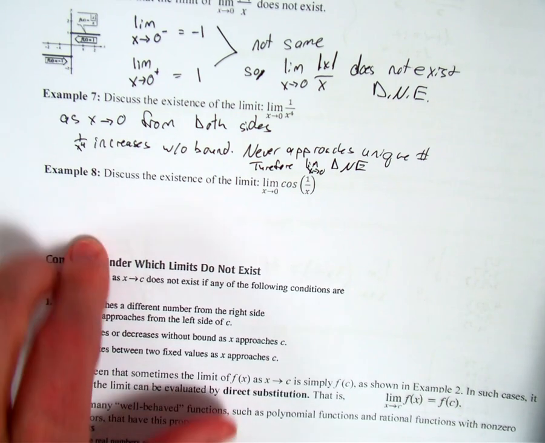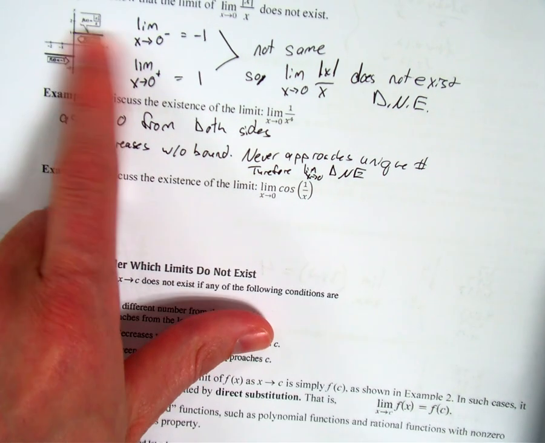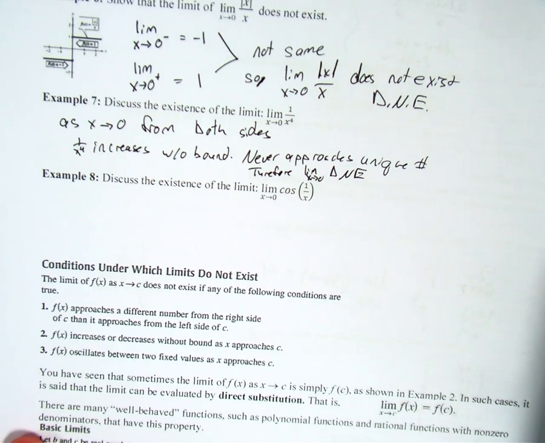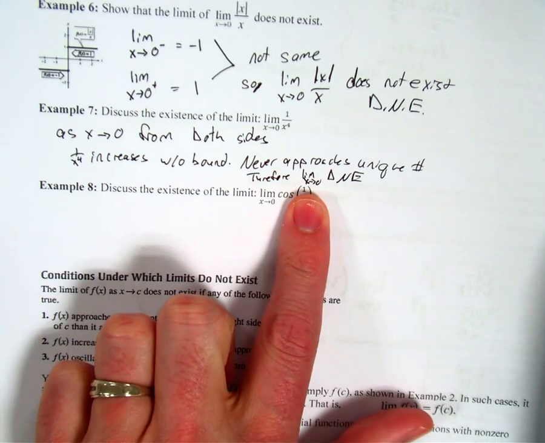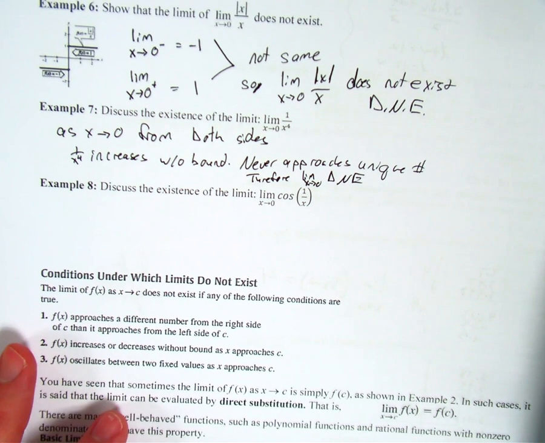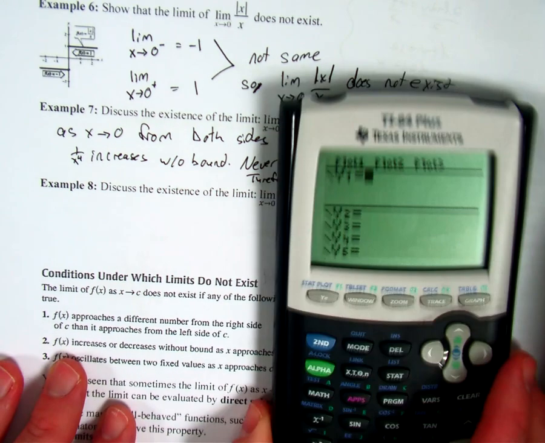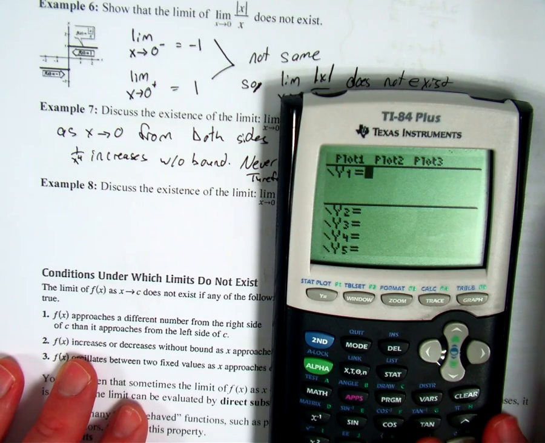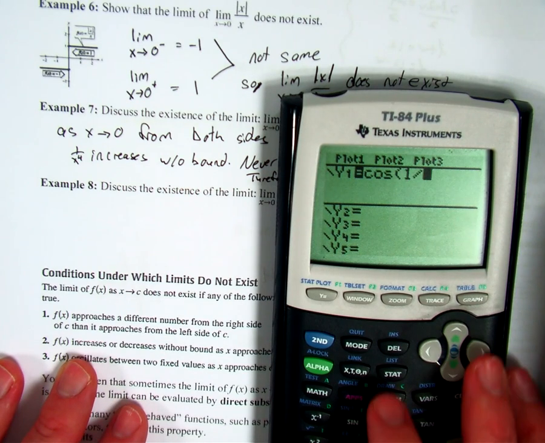All right, so we had limits that don't match, does not exist. It looked like it matched, but it does not approach a unique number, so it does not exist. And let's see what our crazy one here is. The limit as x approaches 0 of cosine of 1 over x. Cosine of 1 divided by x.